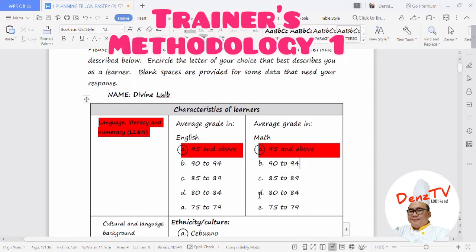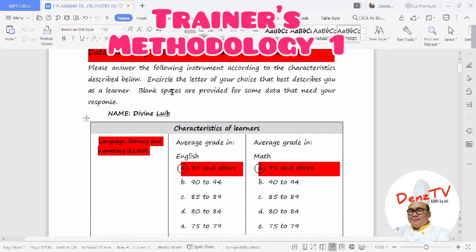So it's better to know the language, literacy, and numeracy levels of your learners. Since the instruction here is to encircle the letters, you must encircle here. You should follow the instructions. Okay, this is correct.